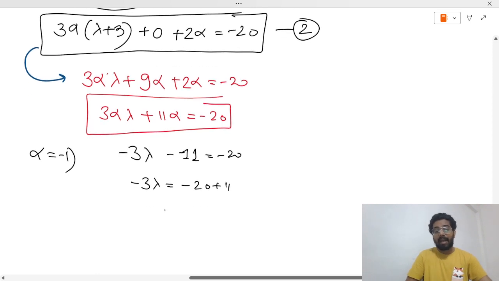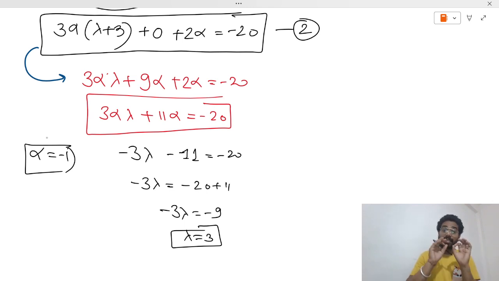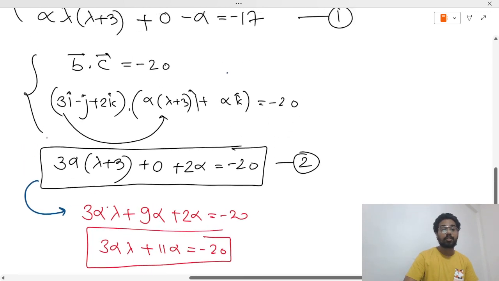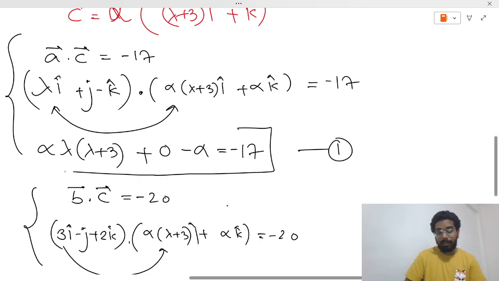This will give you minus 3 lambda equals minus 9. From here, I have lambda equal to 3. Probably this can be the answer. Now, instead of solving this equation, I will go back and cross verify over here. Alpha equals minus 1, lambda equals 3. This is just a hit and trial.